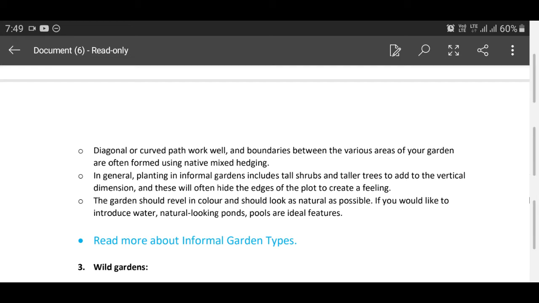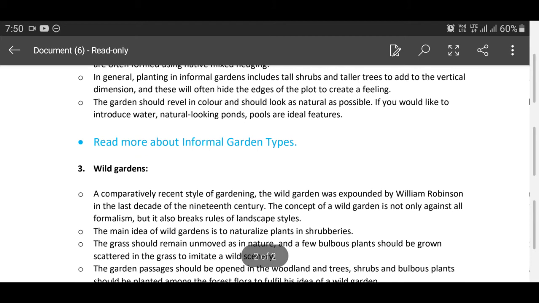The garden should revel in color and should look as natural as possible. If you would like to introduce water, natural looking ponds and pools are ideal features. Students are advised to read more about informal garden types.